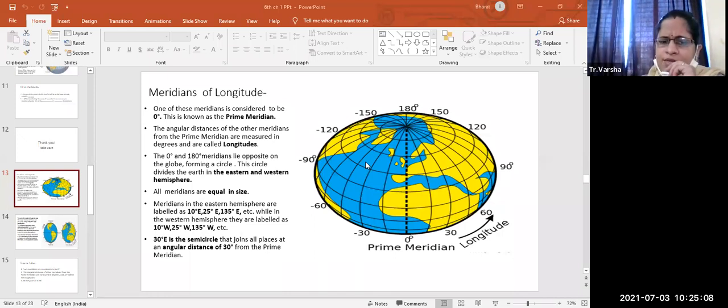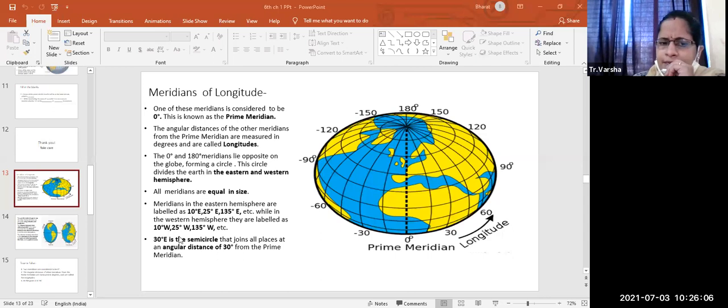Meridians in the eastern hemisphere are read as 10° east, 25° east, 135° east, etc. While in the western hemisphere, the western side, we read 10° west, 25° west, 135° west, etc. Whenever we read from the eastern side, we use capital E, and for the western, capital W, just as we give capital S for the south and capital N for the north.